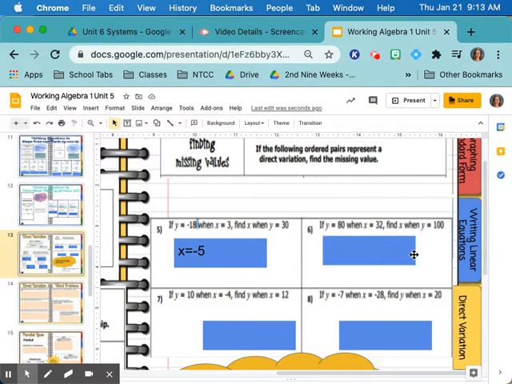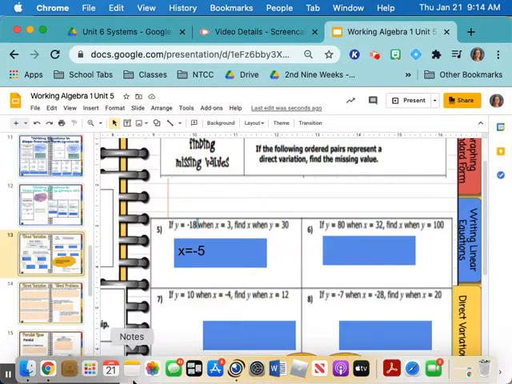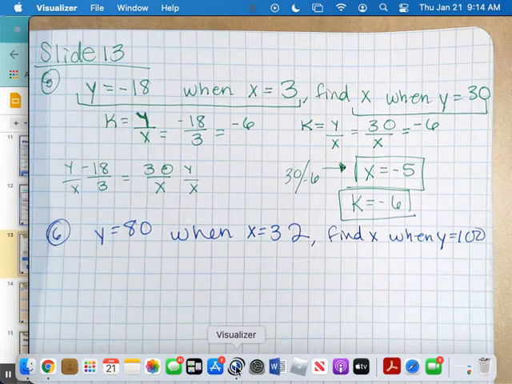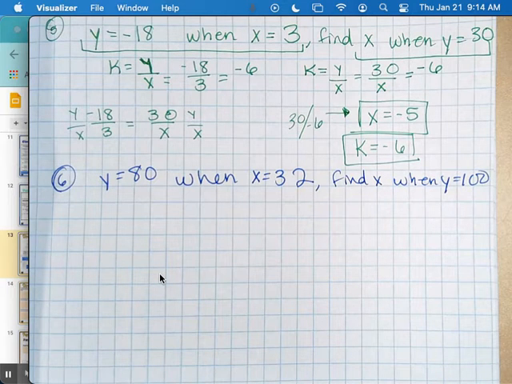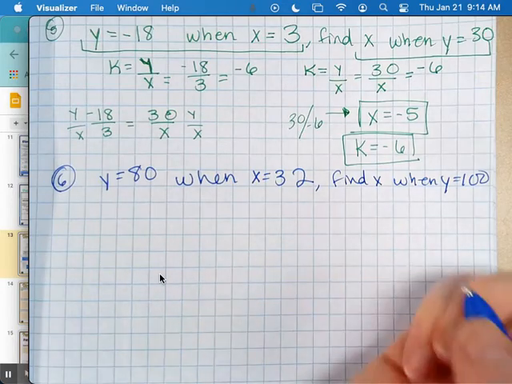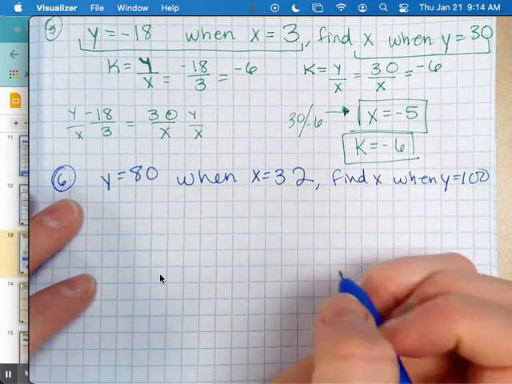Let's go to 6. It says y equals 80 when x equals 32. Find x when y equals 100. So you can do it either way.